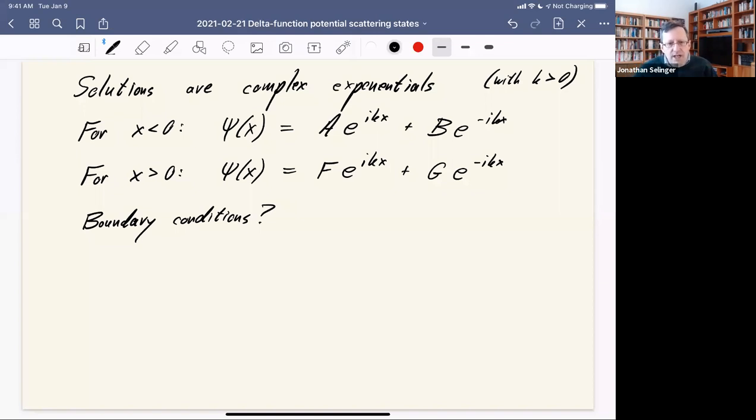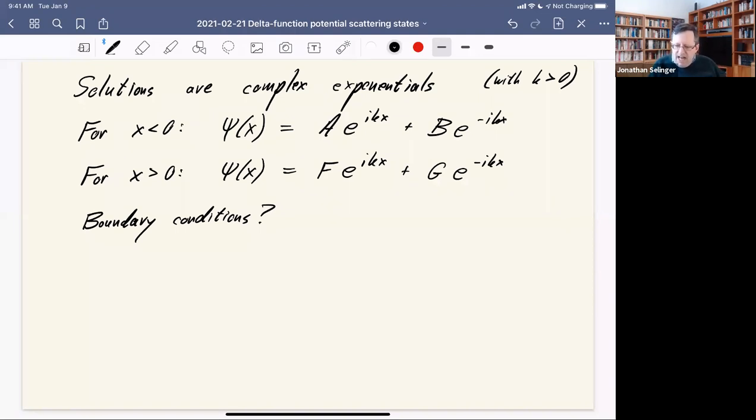We did in the bound state calculation: the particle's wave function could not blow up as we go to x equals infinity or minus infinity. It had to be normalizable there.